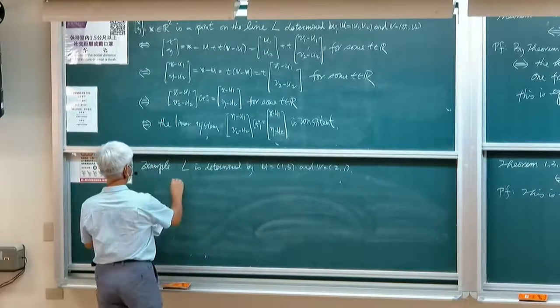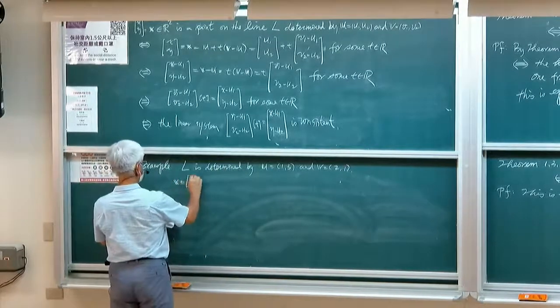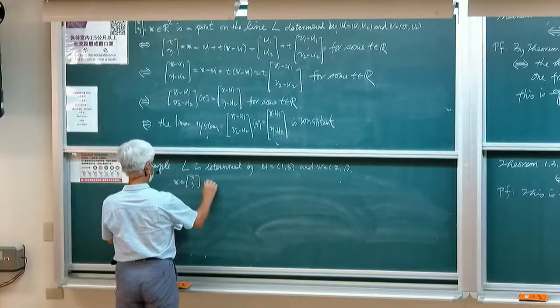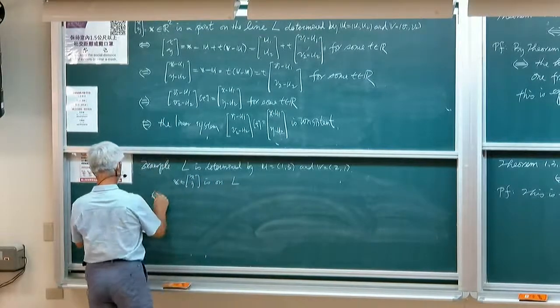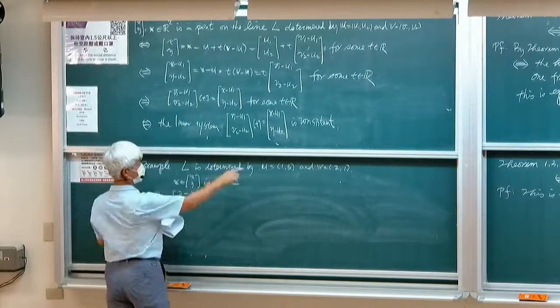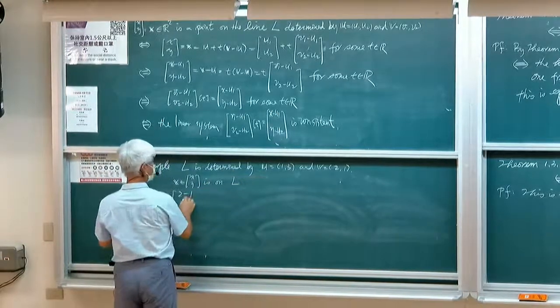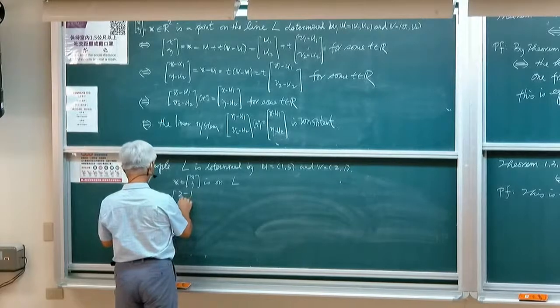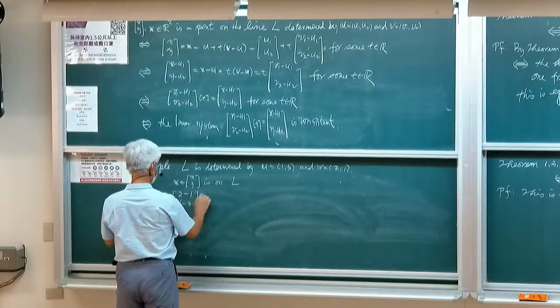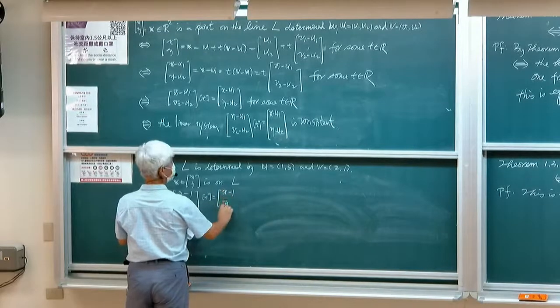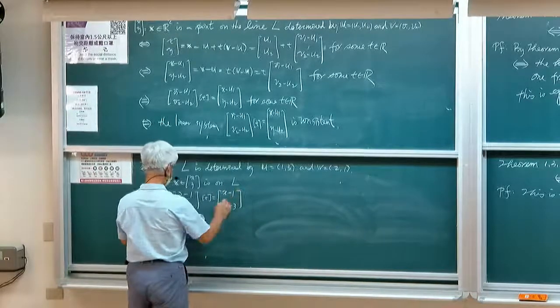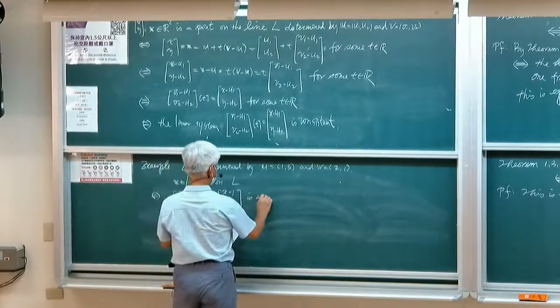So x is on L if and only if the system with coefficients 2 minus 1 and 1 minus 3, t equal to (x minus 1, y minus 3), is consistent.